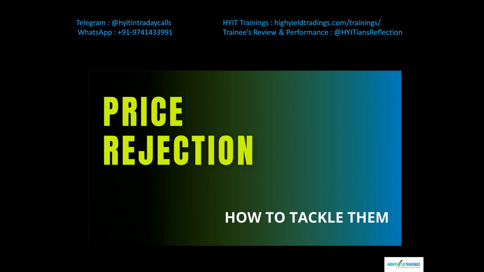Similarly, if you get some wicks below the candlesticks, that means the bulls or buyers are trying to push the stock prices up, but it's not mandatory that they will be able to do it successfully. This is one of the reasons why trading is called a game of probabilities. Probably this would happen or probably that would happen, but no one can tell what exactly is going to happen.